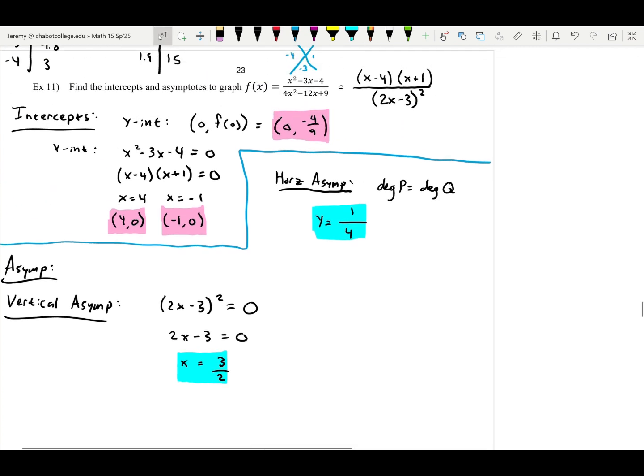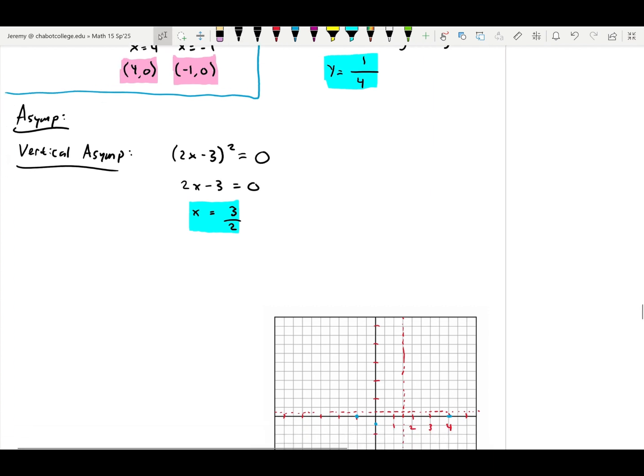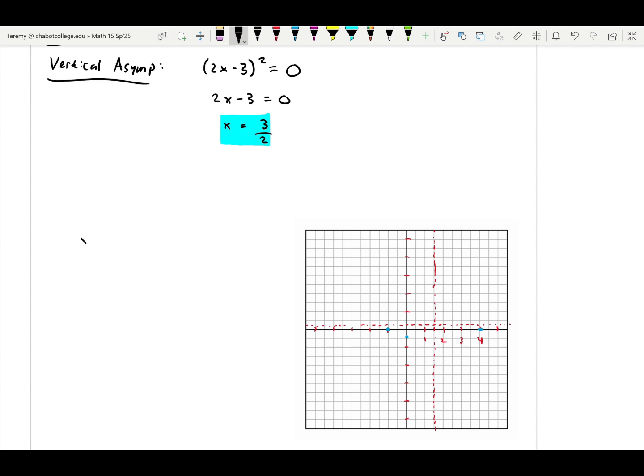Okay, and now I just want to put this into my graphing calculator so that I can use the trace feature and really quickly generate a few more ordered pairs to help myself get the rest of the graph. So putting this into my graphing calculator and using the trace feature, let me select some good x values to plug in as well. So I'm just going to do this down here. So inputs and outputs.